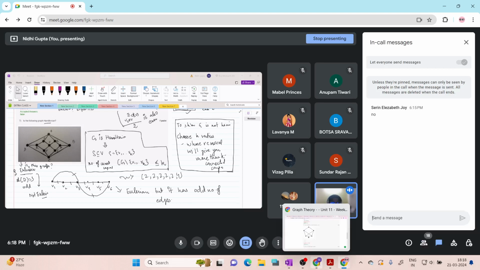So Seren said no. Seren, do you have the set of vertices whose removal will give more components?